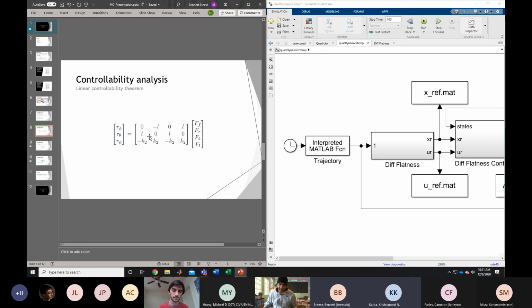And is there a particular operating point where you linearize the system? I'll let John Ander handle that. I don't know if your question is going more for the controllability analysis or the overall operation. For the controllability, it's linearized close to the position at which the angles are 0.